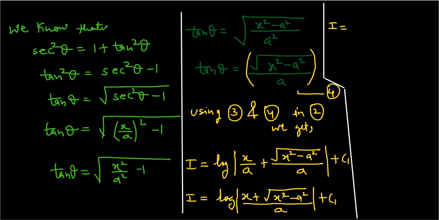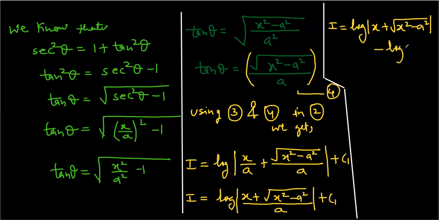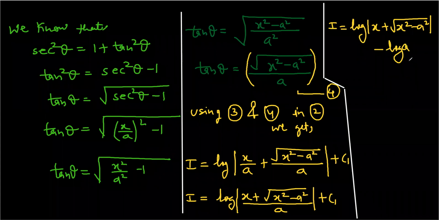Log of m upon n is log m minus log n. So I have log of x plus square root of x square minus a square, minus log of a, because a is the denominator, plus c1.